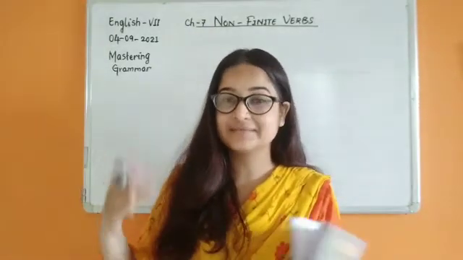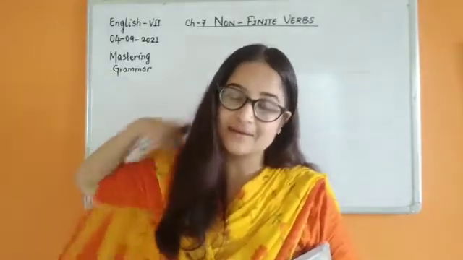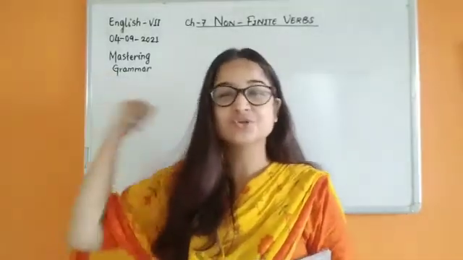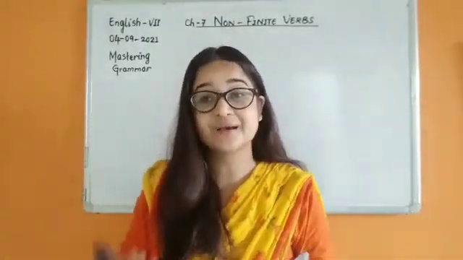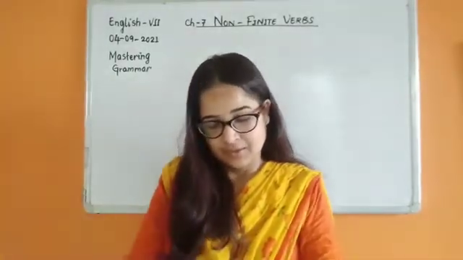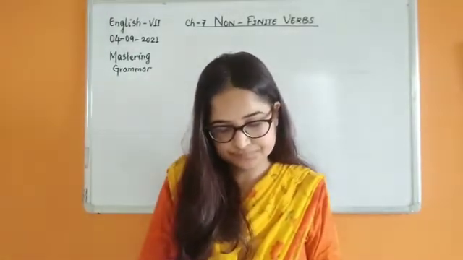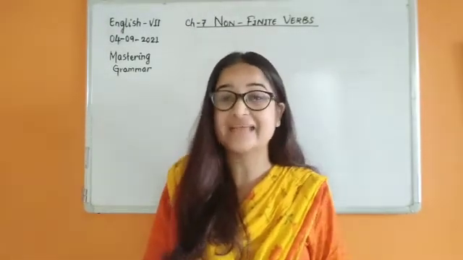Now I will be telling you about the two different kinds of participle. The first one is present. When you add ing to verbs, they become like the present form. So the present participle describes an incomplete action or state.